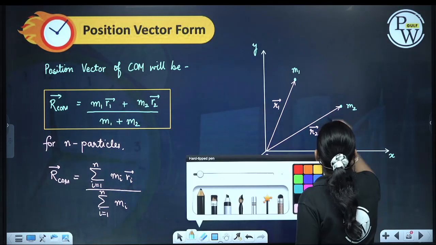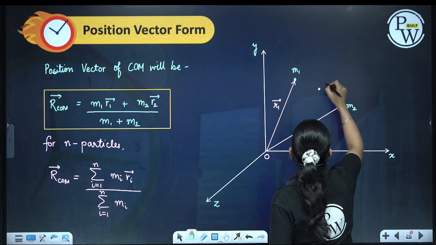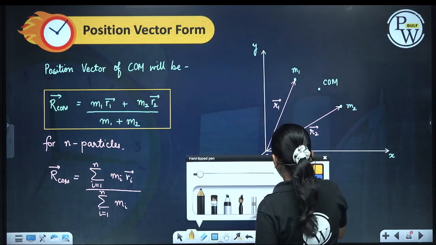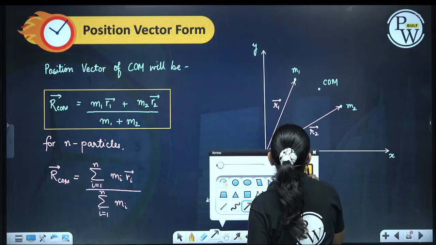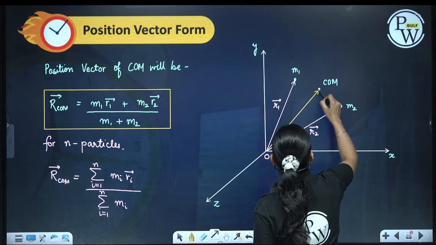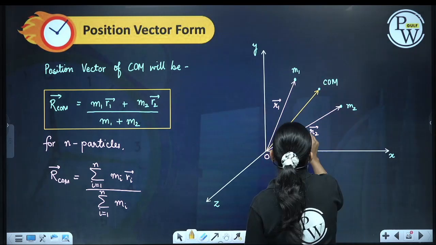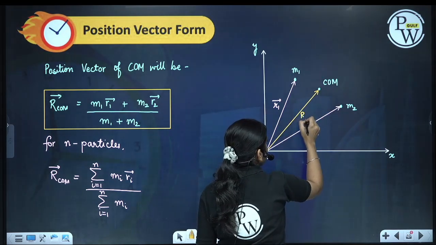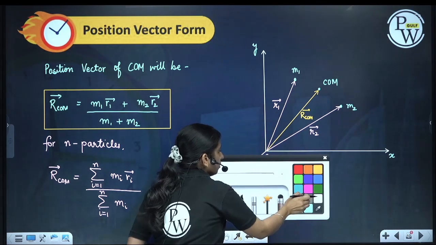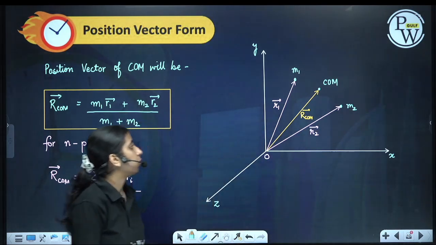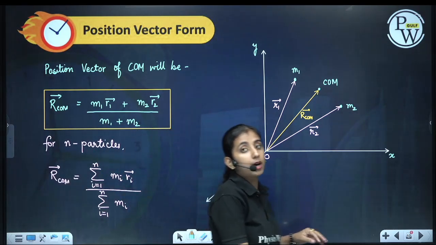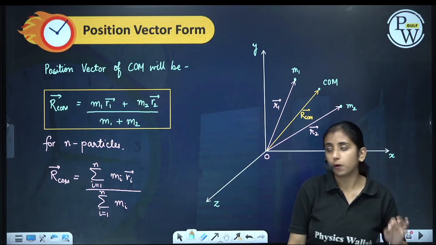Let us suppose the center of mass is at this point, then this is the position vector of the center of mass, R_COM. This is how we define the center of mass in position vector form.